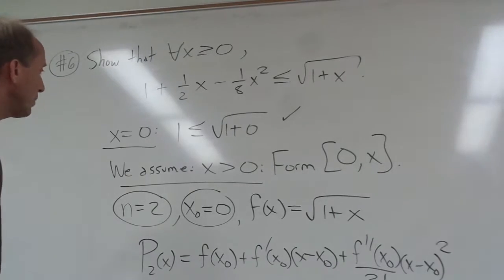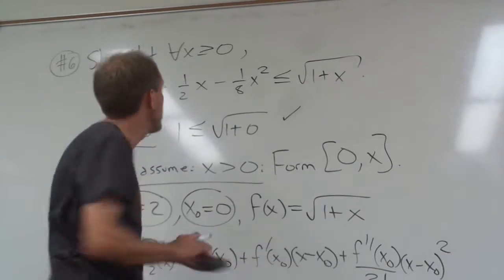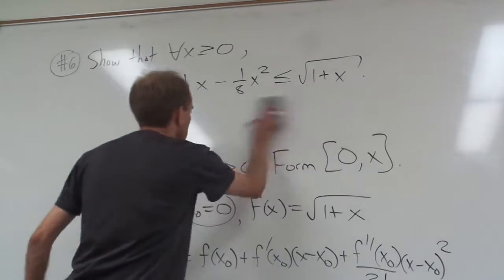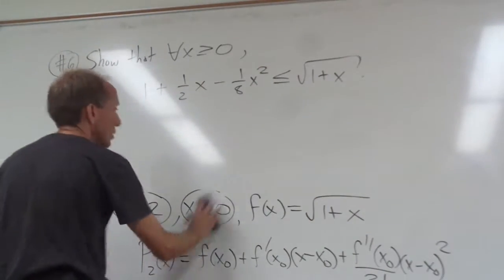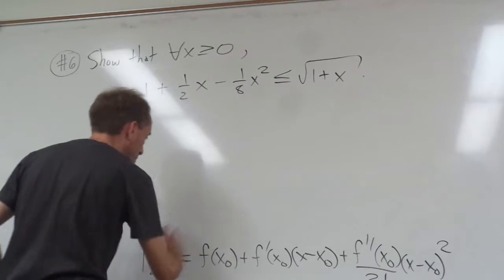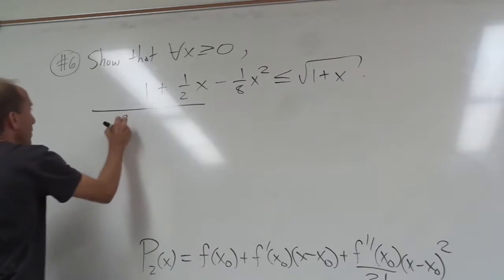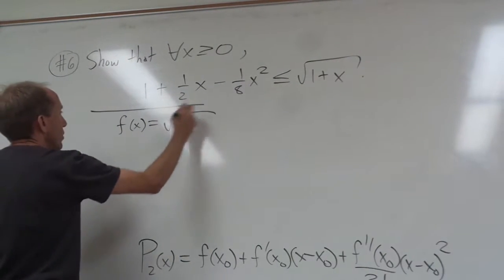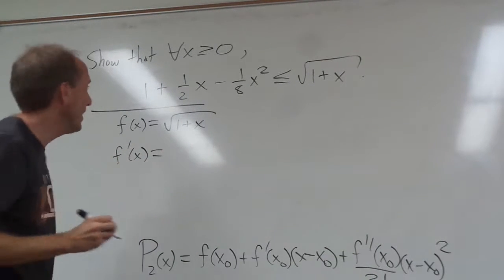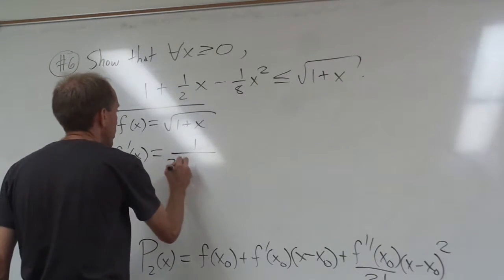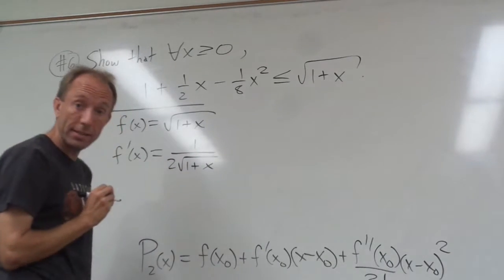And that means I'm going to need to take some derivatives here. So let me come back up here and write this down again. We have f of x equals the square root of 1 plus x. If I differentiate that once, what I'll get is 1 over 2 radical 1 plus x.